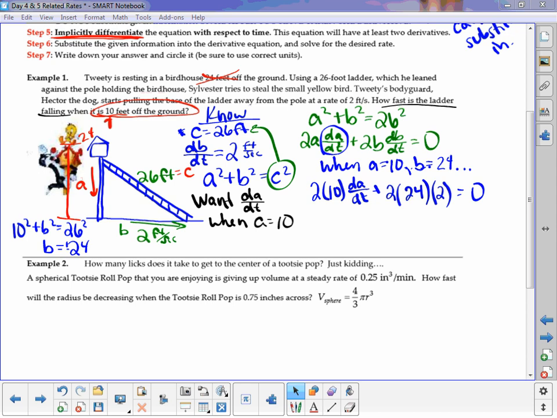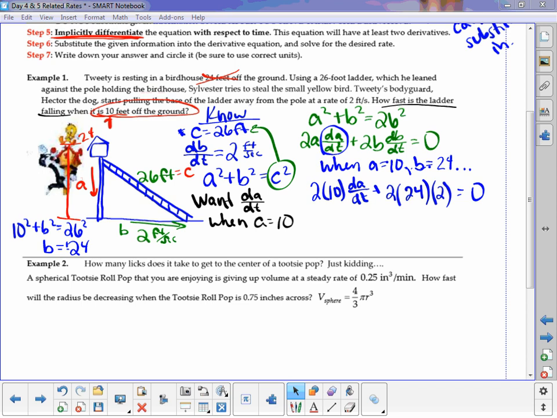So if my distance is getting smaller, then I should have a negative rate. Here it says Hector is pulling the base of the ladder away from the pole at a rate of 2 feet per second. So it's going away from the pole, which means the distance is increasing. So it's that positive rate. So before we solve, would I expect dA/dt to be positive or negative? Negative, because that distance for a is decreasing.